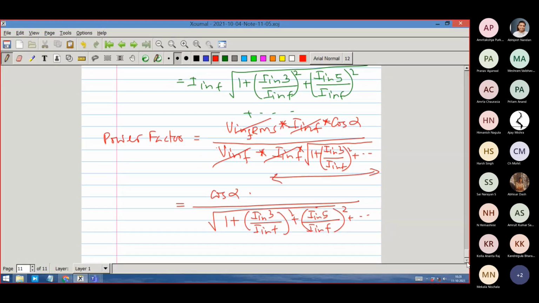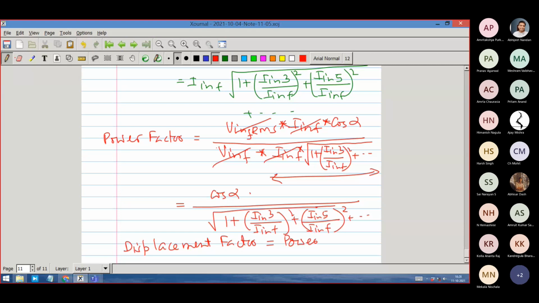So the cos alpha is nothing but the displacement factor. The reverse way: let me write it like that, power factor.